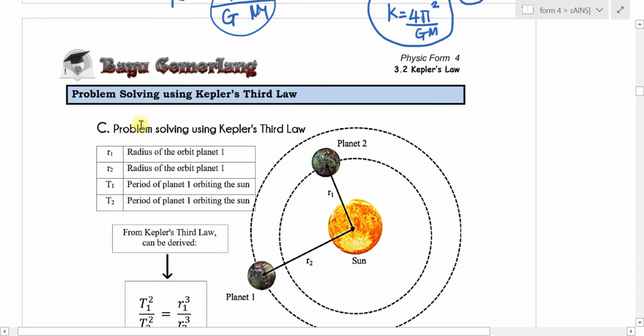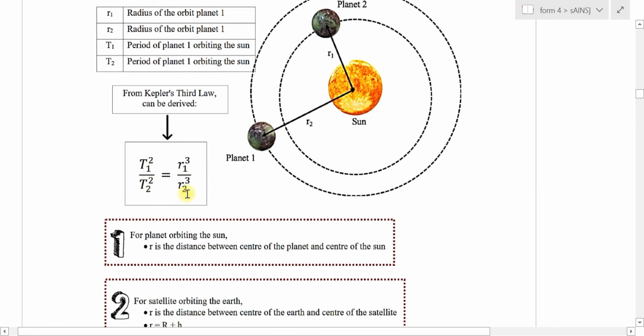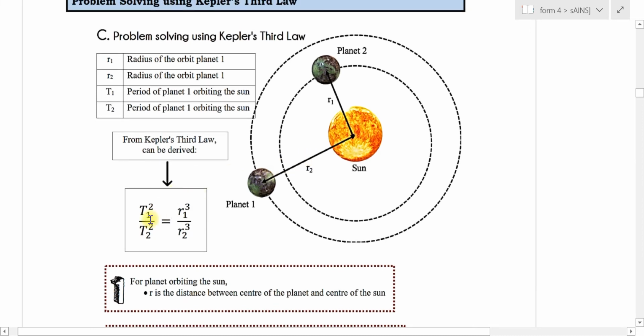Now, problem solving using Kepler's third law. Okay, how do we do that? You know already the formula. No need for me to repeat again. Kalau kamu tak faham formula, arrange like this: T1 over R1, T2 over R2. Period kena square, radius kena cube.